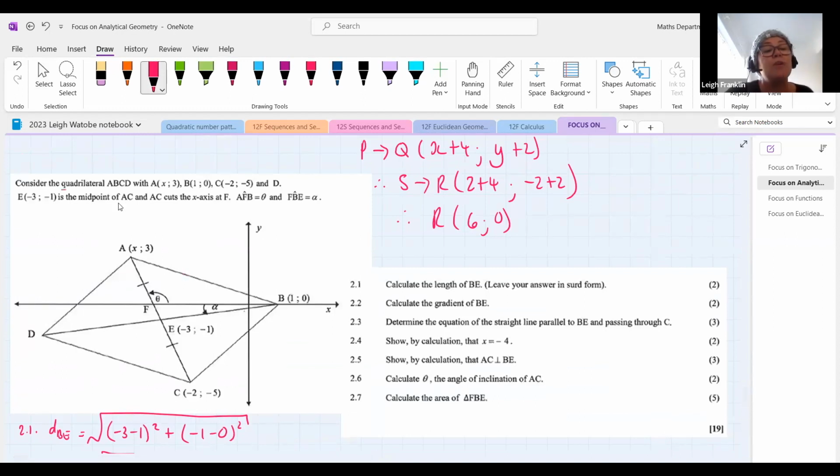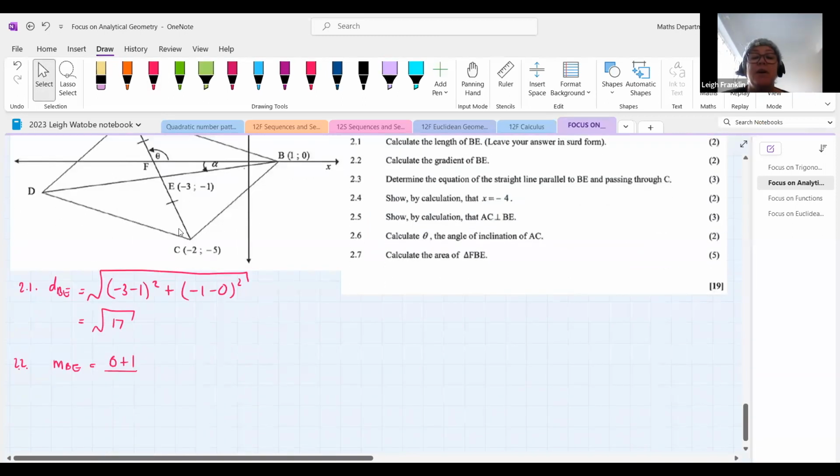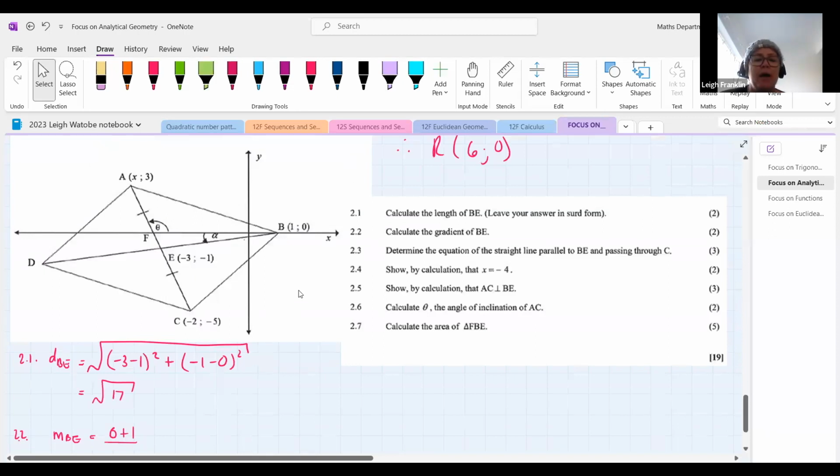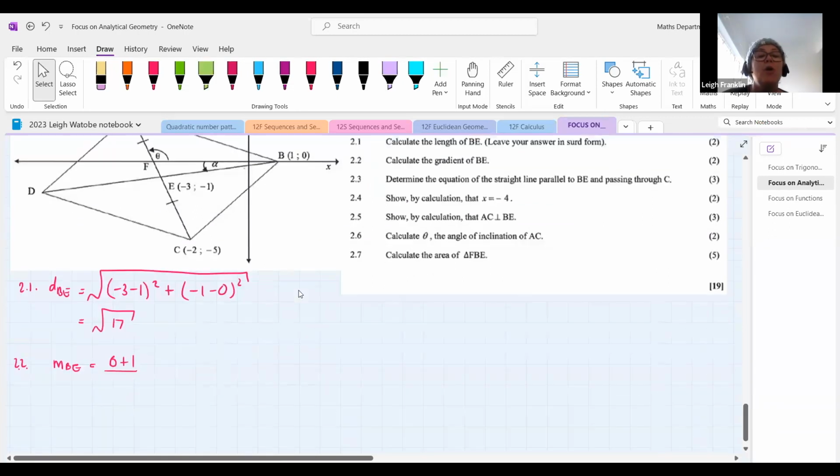This is just a quadrilateral, so we've got to be careful here. It looks like a parallelogram, but we can't make any assumptions that it is unless they've asked us to prove that, which would be quite unusual at grade 11 or grade 12 level. So 0 plus 1, and then here we've got 1 plus 3. So this would give us 1/4.